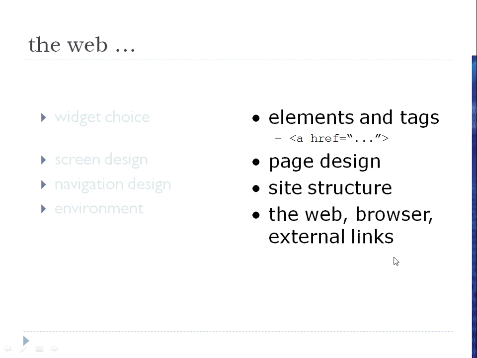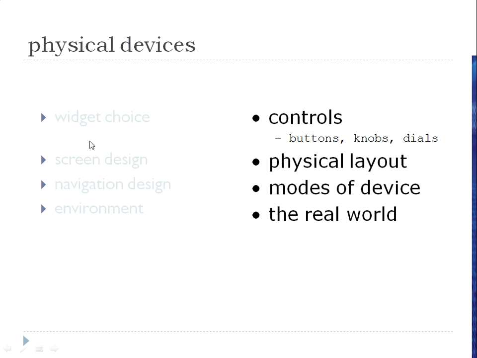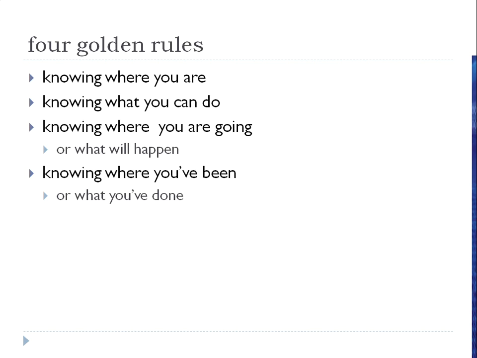The environment is like the web browser, external links, or for a physical device, like a personal computer or laptop. What is widget choice? It's like the button, knob, dial. Screen design is like physical layout, maybe our keyboard, and navigation design is like the mode of the device. Environment is like the real world, right?